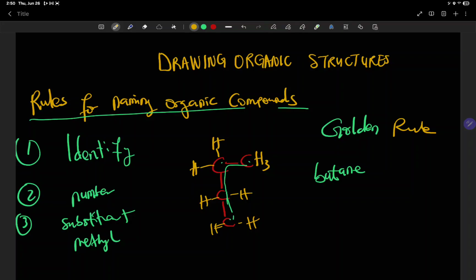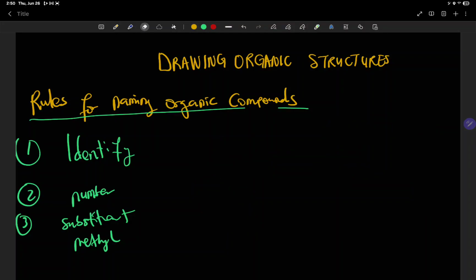Let us try a few more examples before we round up for this video. Okay, so let's try this example. We have a structure like this, and we have a compound like this.